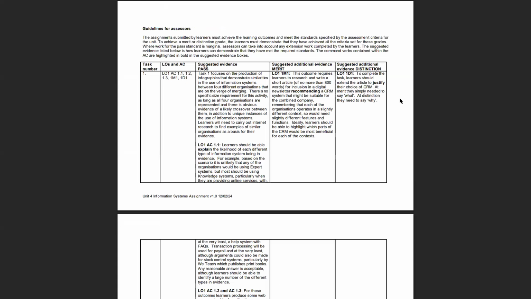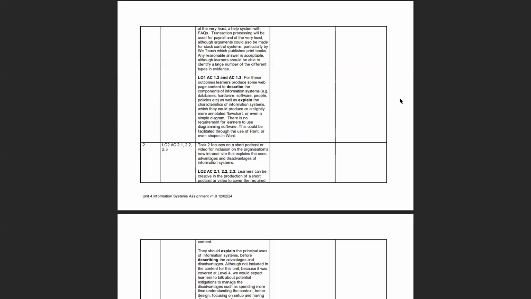These are the main 3 tasks that I needed to cover, and for 2 of them we also have extended activities for merit and distinction. Here we also have a guidance for the scenario, which is made available for you, and this should help you to structure your assignment in the most effective way.